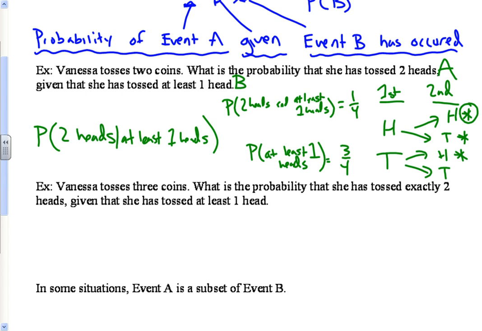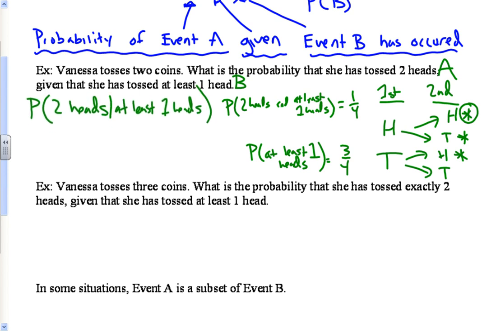So our probability of 2 heads given that at least 1 heads has occurred would be the probability of both, the probability of A and B, which is 1/4, over the probability of B, which is 3/4. That is 1/4 times 4 over 3, because we multiply by the reciprocal, the 4's cancel, which is 1/3.